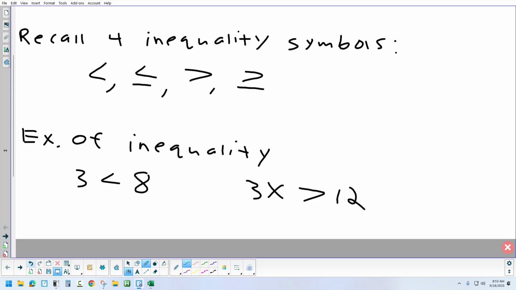Does anyone remember what happens if you multiply or divide both sides of an inequality by a negative? Yeah? You would flip, you'd switch which direction, or which side would be greater or less. If the left side was greater, it would now be less. So can you say that again? Could you say it in 3 words or less?